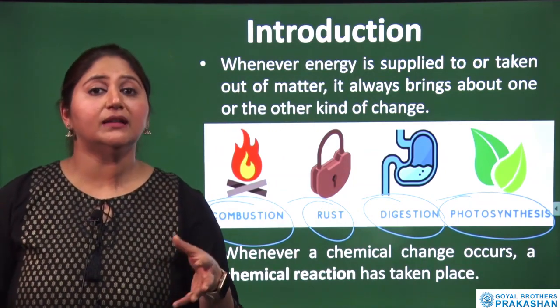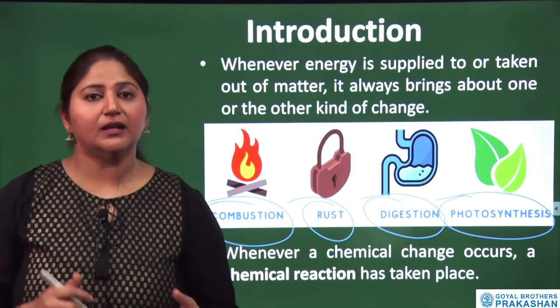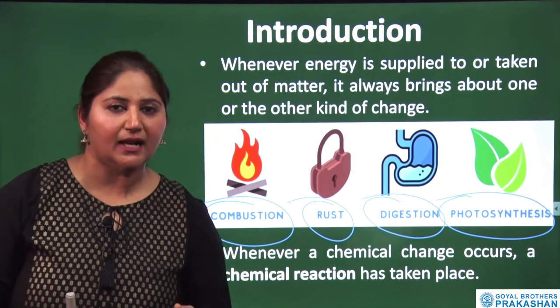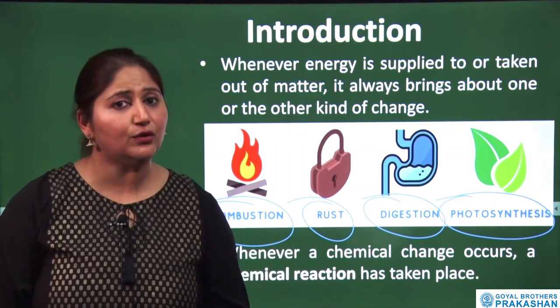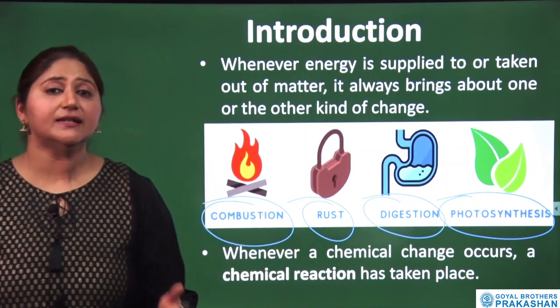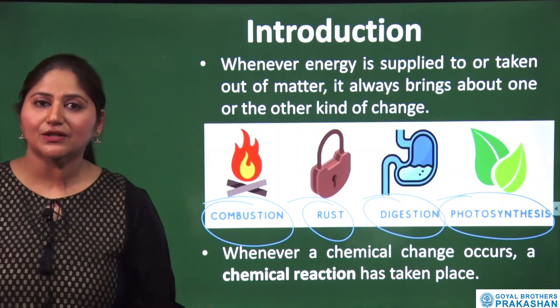Definitely plants make their food. But when they make their food, a new substance is formed. Carbon dioxide and water combine in presence of sunlight to produce food, that is glucose. So in all the given examples, we can say that a new substance is formed. That is why it's a chemical change.